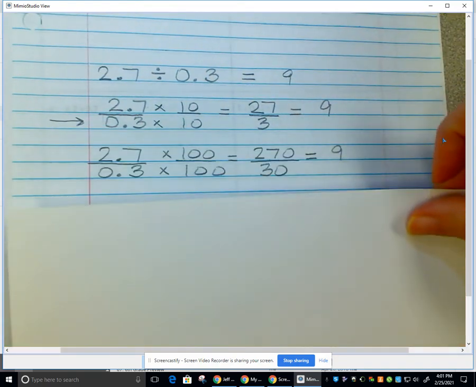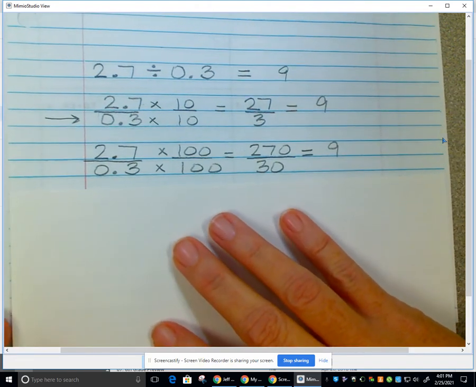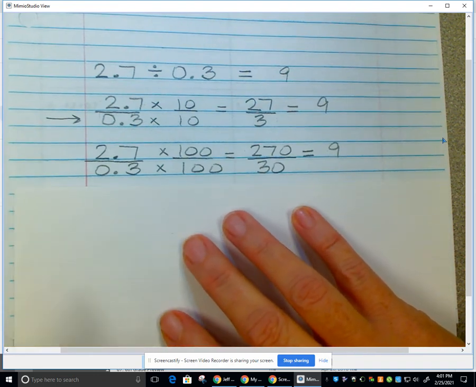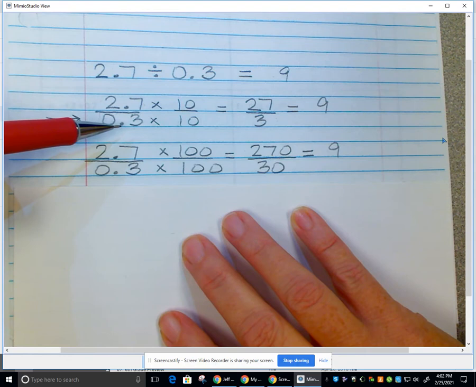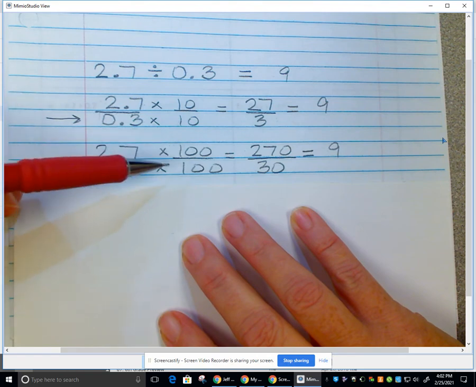Now, I decided, although I didn't have to, to try multiplying the numbers by 100. The most I had to move was 1 because I wanted this to be a whole number. But I said, well, what if I multiplied them both by 100?